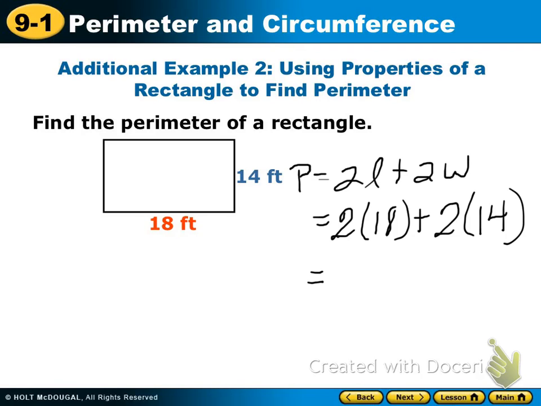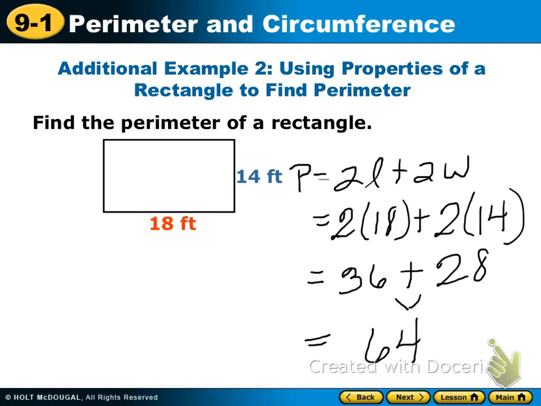And 2 times 18 is 36. 2 times 14 is 28. You add 36 plus 28, and you get 64.